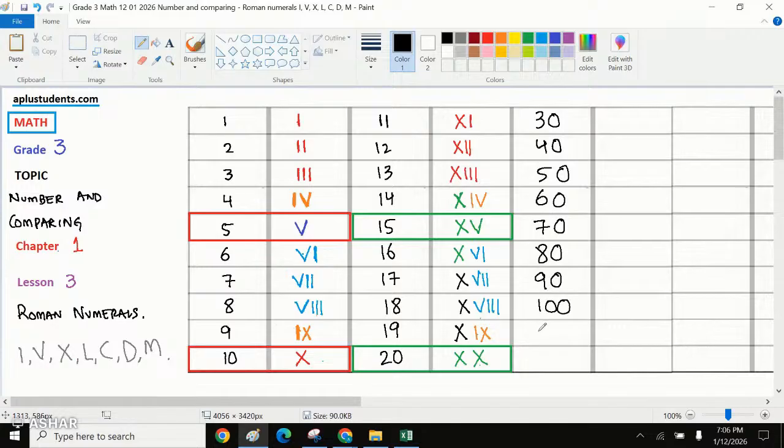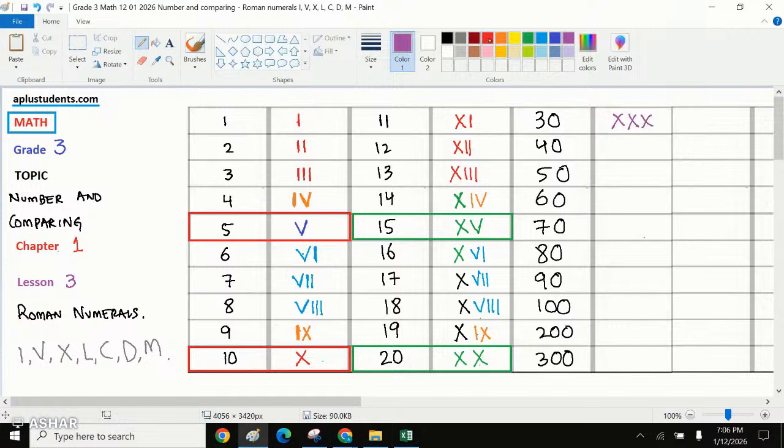We can write 200, 300, right? Okay. We can write all the 30, since 20 can be written as X and X, then 30 can be written as 10 plus 10 plus 10.